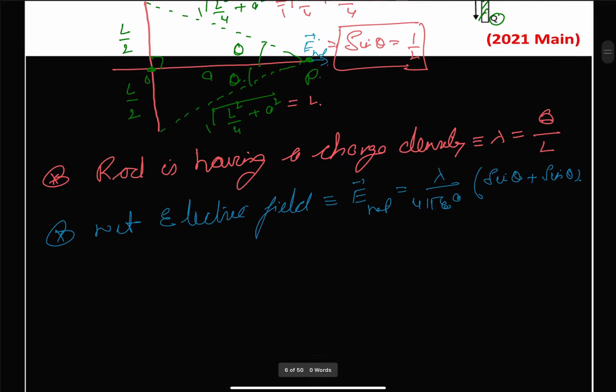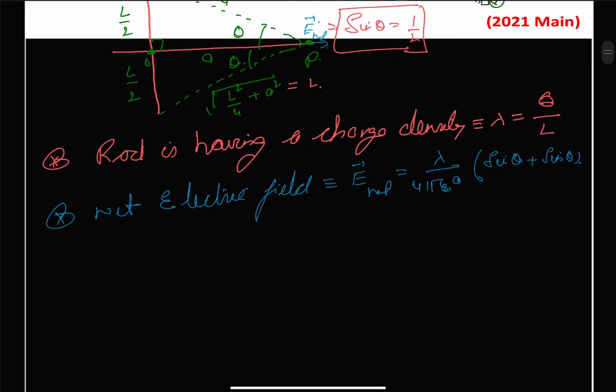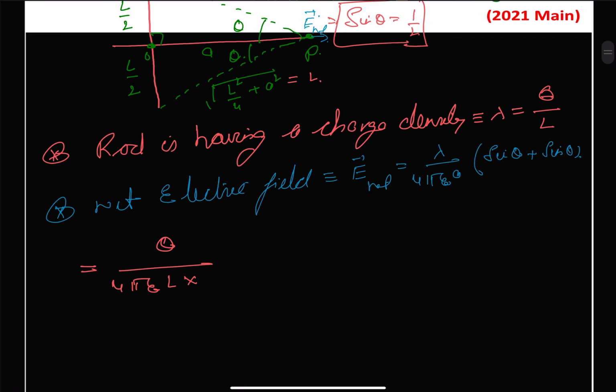We already know all the values, so we can just substitute them. Lambda is Q upon L, so this will be equal to Q upon 4 pi epsilon naught, A is root 3 L by 2, times L, and sine of theta is 1 by 2, so this comes as 1 by 2 plus 1 by 2.